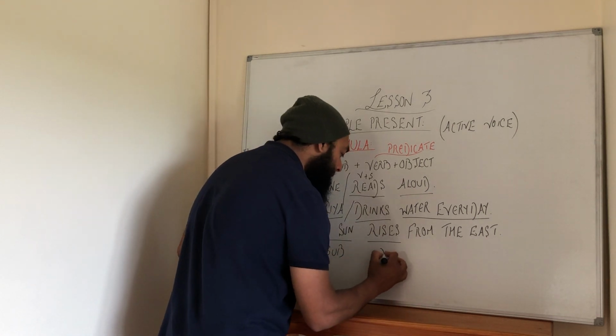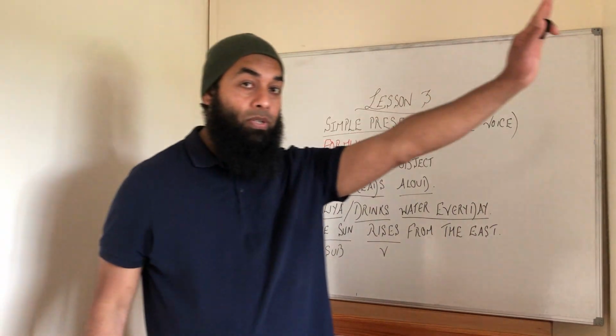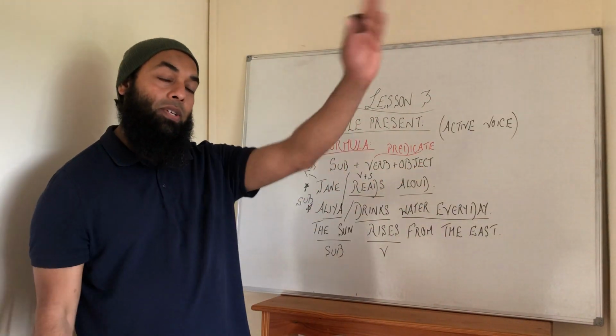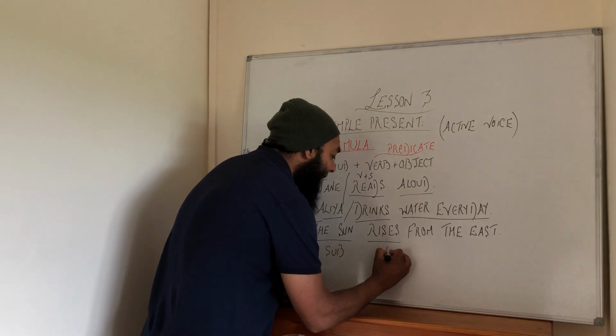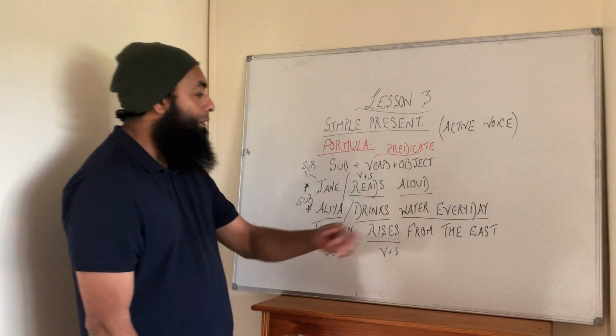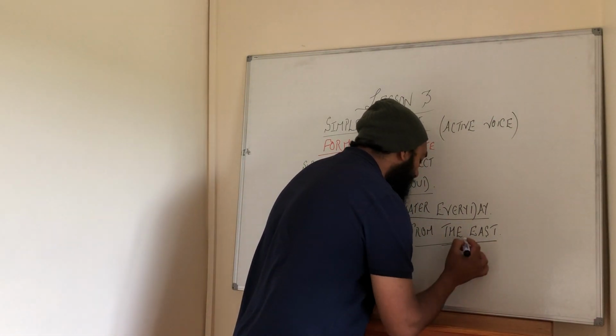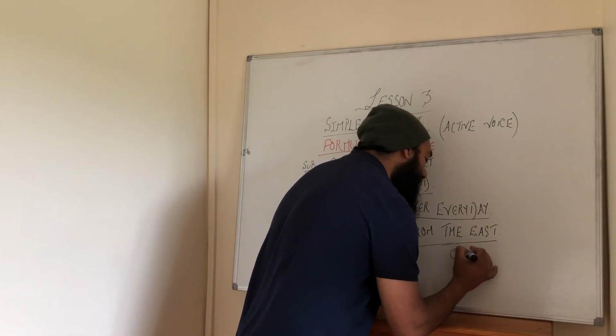Rises is the verb, but because sun is one as a third person, remember I am the first, you're the second, sun is the third, so we add s with it. Rise is the first form, rises. And from the east, where did this come from? From the east. So this part is our object, okay? You can say object, okay?